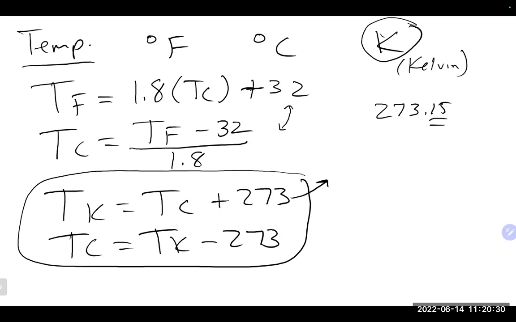Now, there is a specific rule that we follow for significant figures when we're dealing with temperature and only temperature. If we are converting from one temperature value to the next, we basically make the converted number look like the original number. If our original number was a whole number, we would convert it to a whole number.